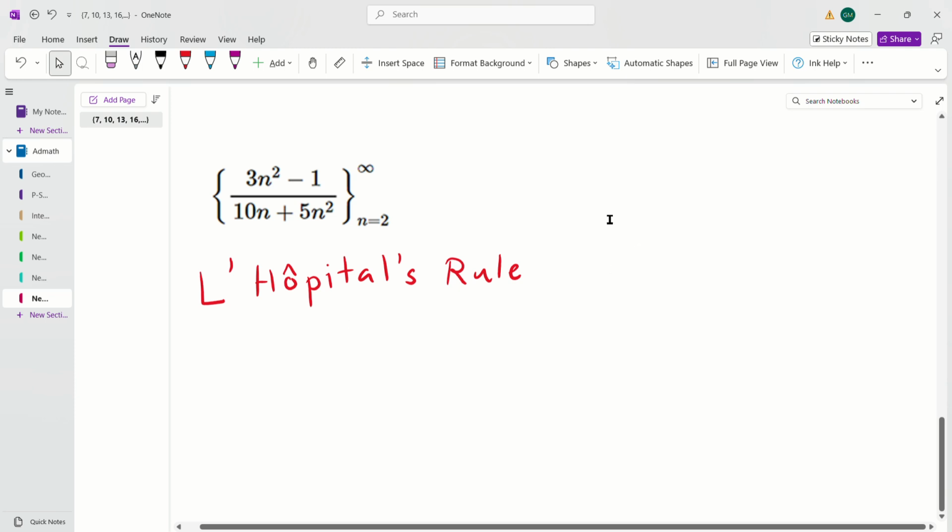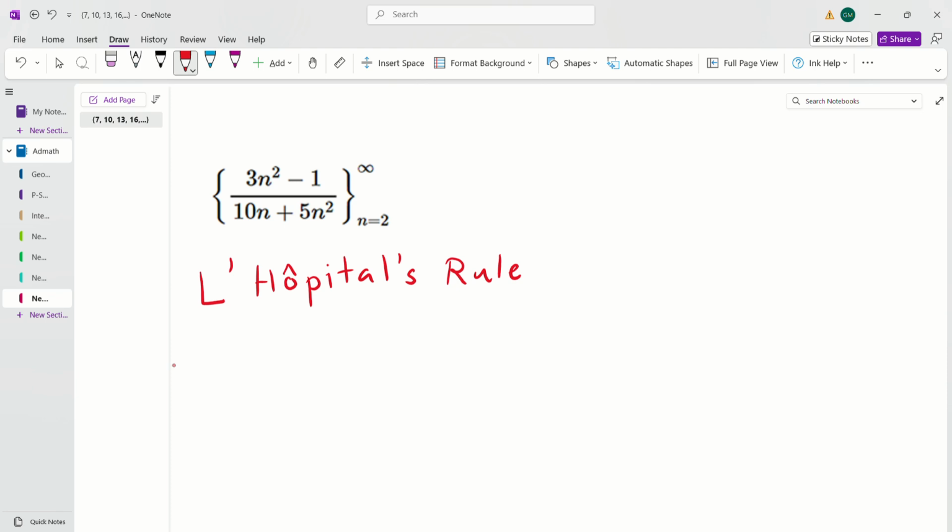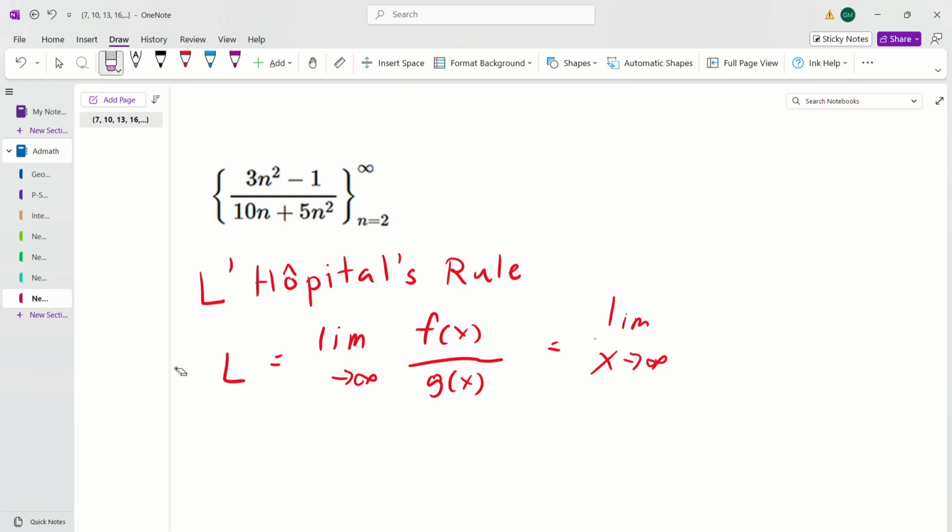In L'Hopital's rule, to get the limit as n approaches infinity of f of x over g of x, given that you have a rational function, it is equivalent to the limit as x approaches infinity of the derivative of f of x over the derivative of g of x.